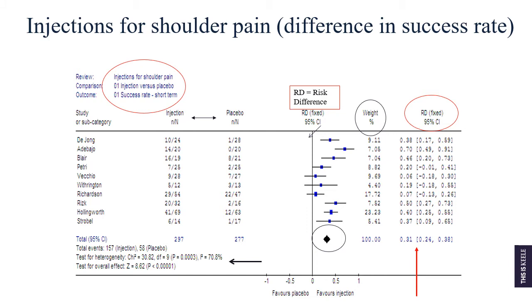The estimated average difference in risk between the two arms is on the right-hand side for each study, and this is represented by the line with the blue square in its centre, which is the average, the estimate. The size of the blue square represents the weight of that study in the meta-analysis. So the larger the study, the larger the weight and the larger the square.